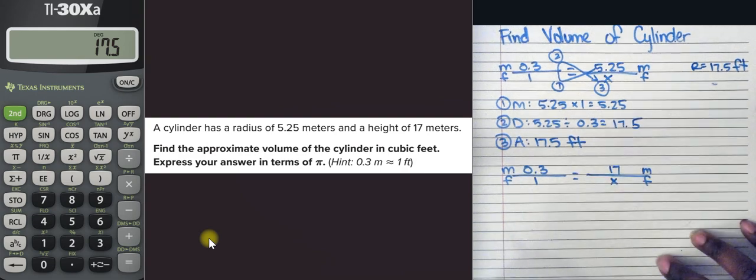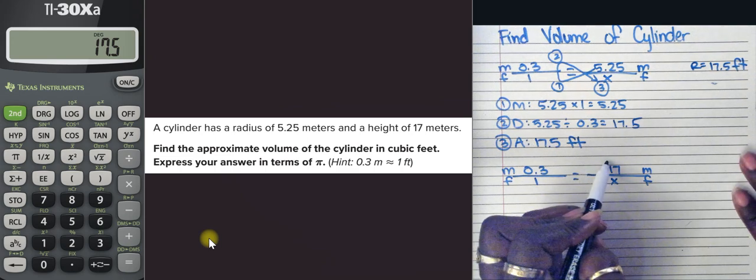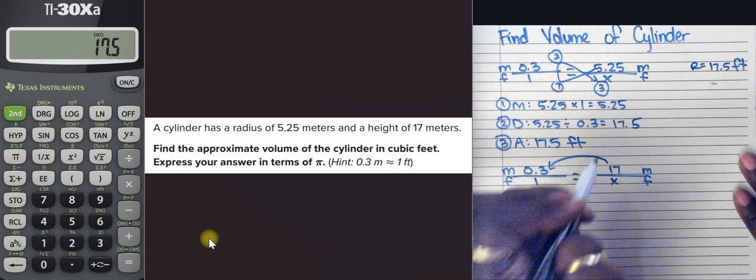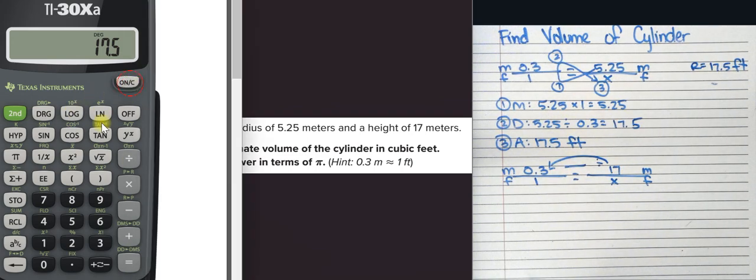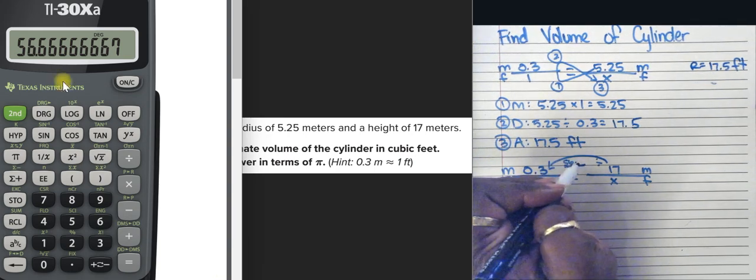And we've got to figure out what the answer is for X. So this time, I'm going to use the swing method. In the swing method, I'm going to go from what I know from one side to the other, and I'm going to use division. So 17 divided by 0.3 gives me 56.6, and this is a repeating number.